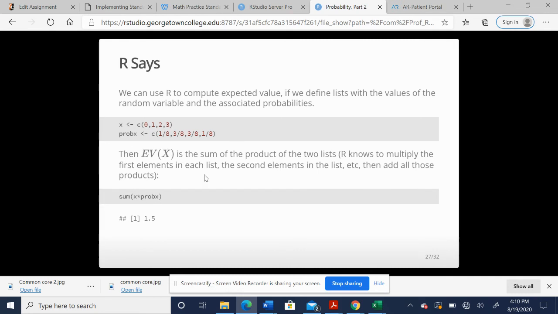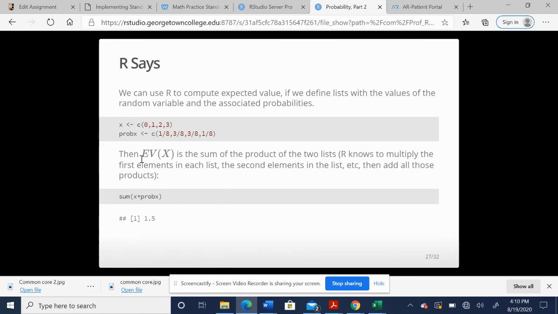Then the expected value is just the sum of the products of the two lists. And R knows how to do that, multiplying matching elements. So if you took the sum of these two lists times each other, R could produce that result for you if you wanted to use R. Again, I am usually not very enthusiastic about students storing tons and tons of lists in R. You can always do that if it floats your boat.